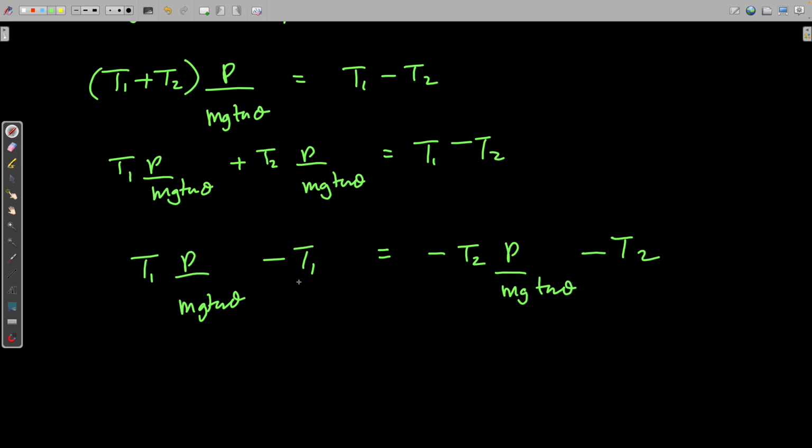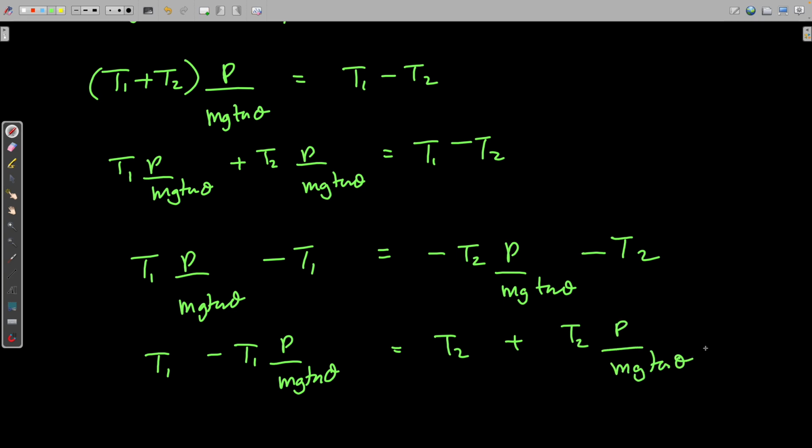So we've got a minus here, and we've got a minus here. Lots of minuses. Maybe if we multiply everything by minus 1, so T1 minus T1 P over mg tan theta equals T2 plus T2 P over mg tan theta.